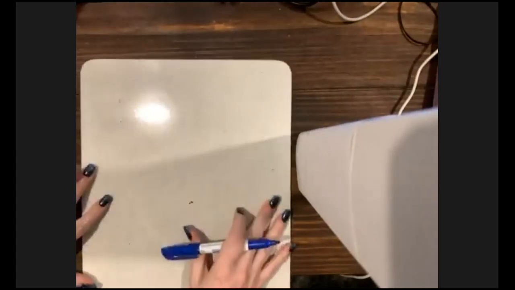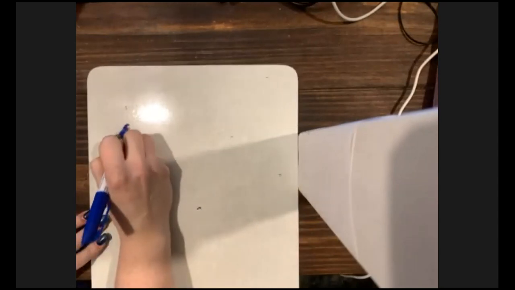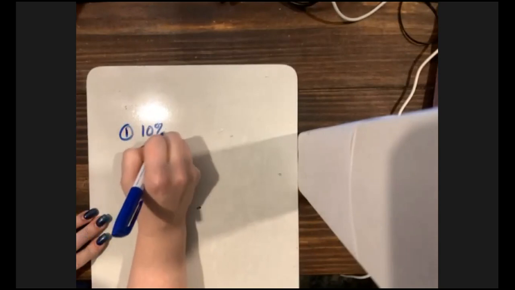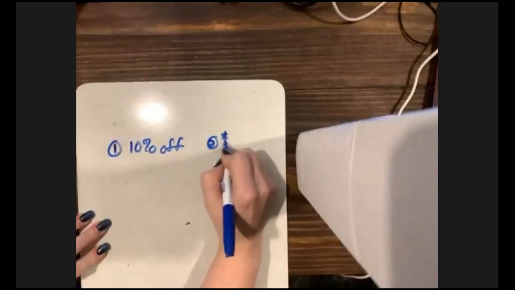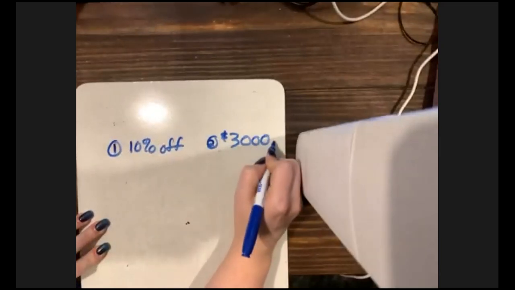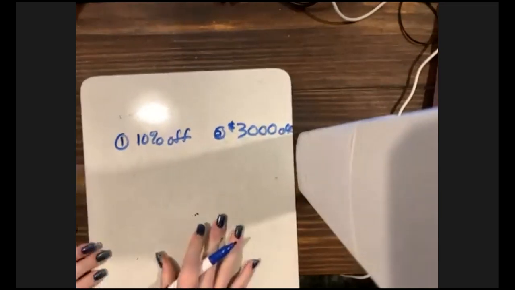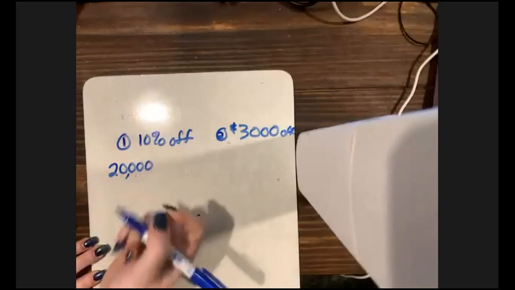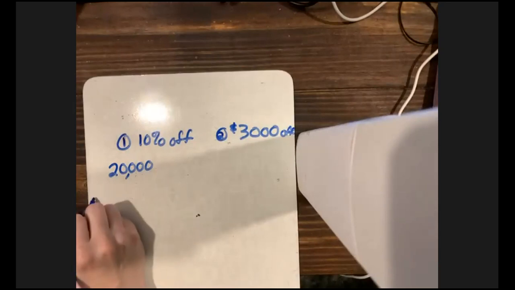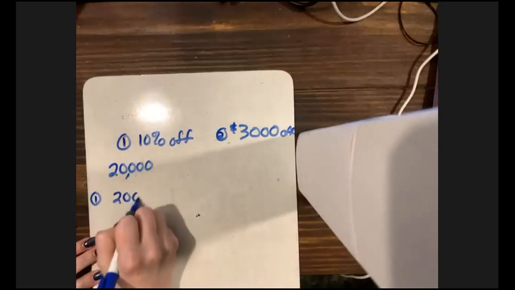So let's say that we were going to a car dealership and they offered 2 discounts. One of the discounts was 10% off. The second discount was $3,000 off. So now, let's take a $20,000 vehicle, and let's do our 10% off first.